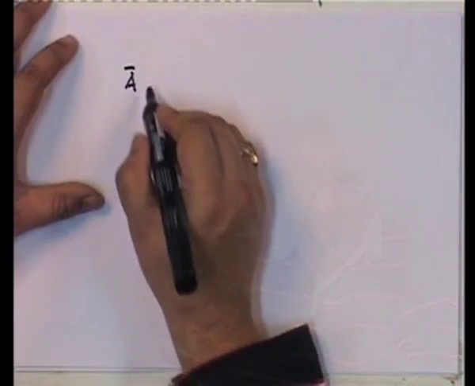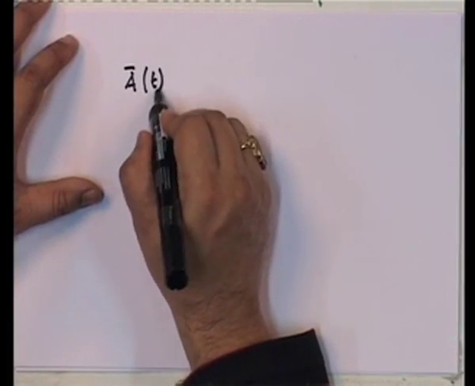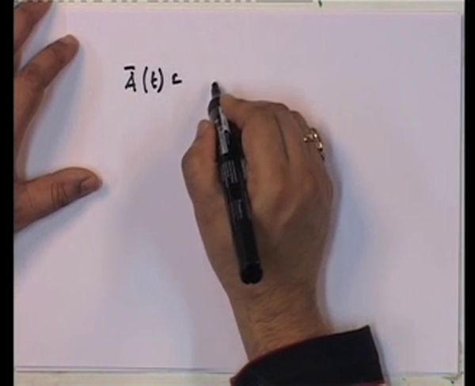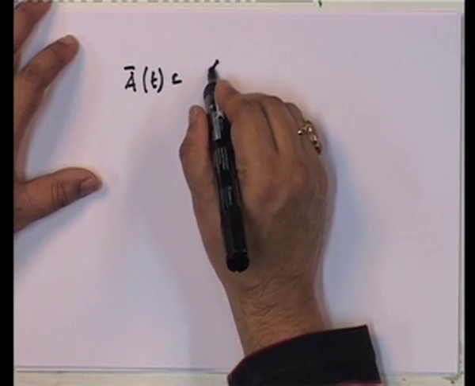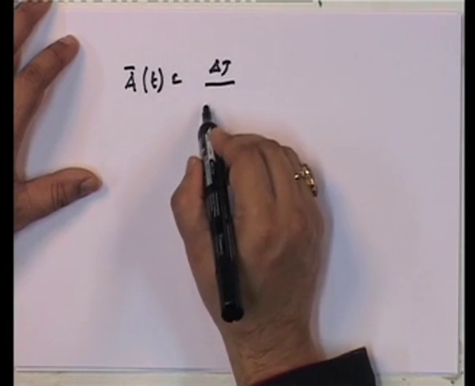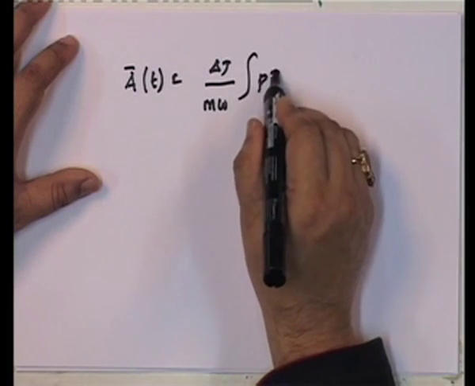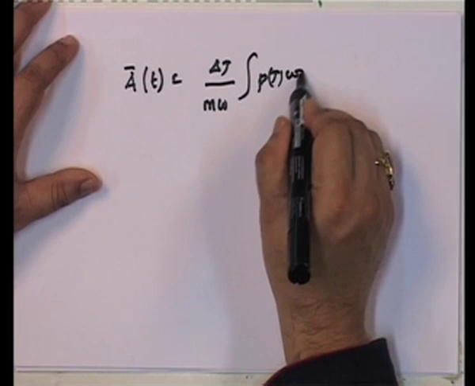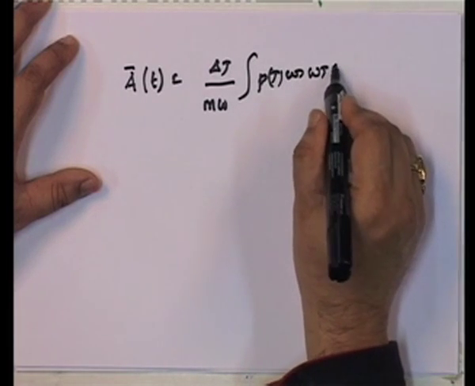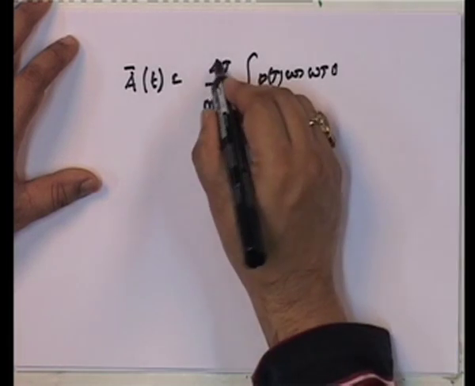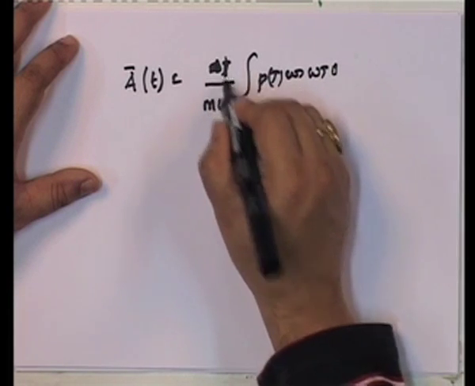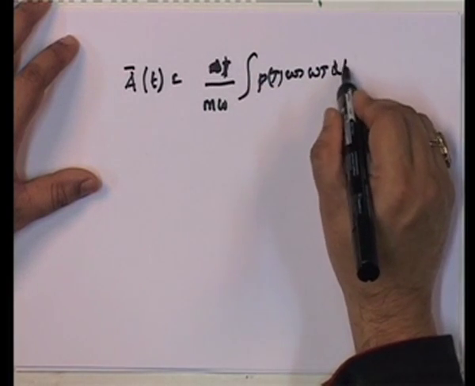Well, a bar of t, what is the a bar of t? A bar of t is by definition delta tau upon m omega into p tau cosine omega tau d tau.